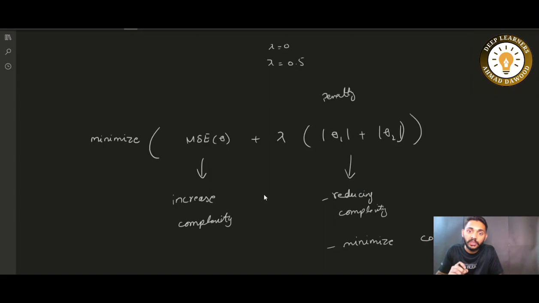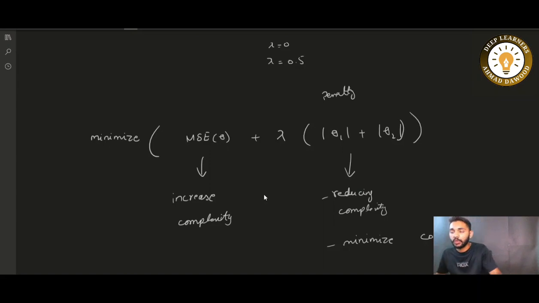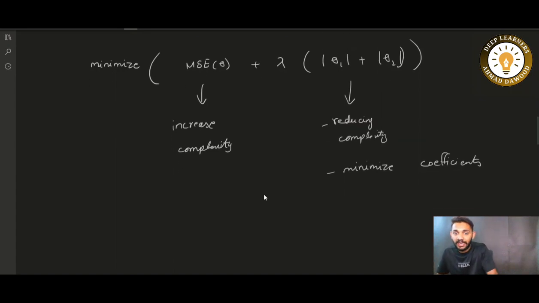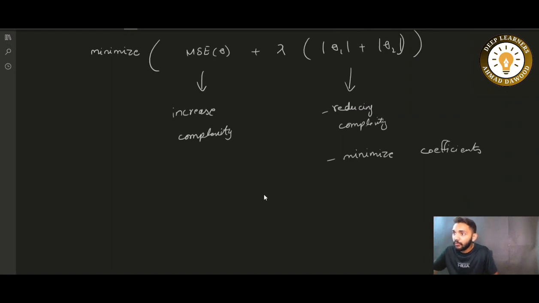One factor is increasing the complexity of your model, and the other factor that you have added in the cost function is reducing the complexity of the model, or minimizing your coefficient values at the same time.